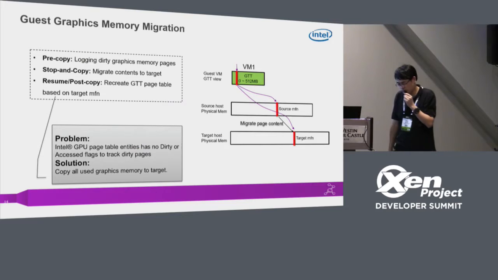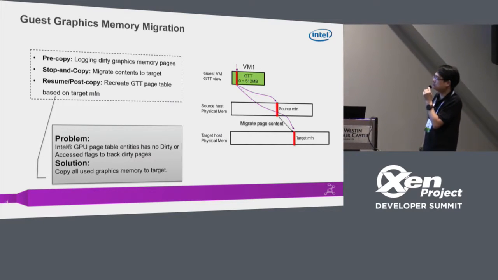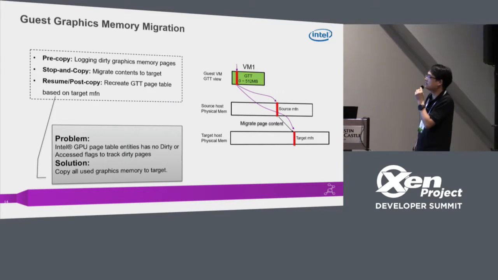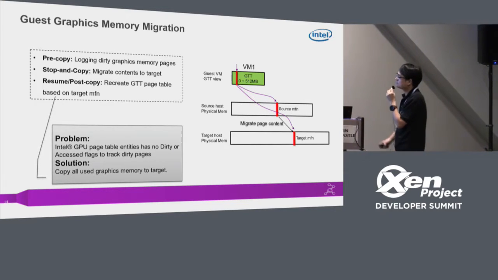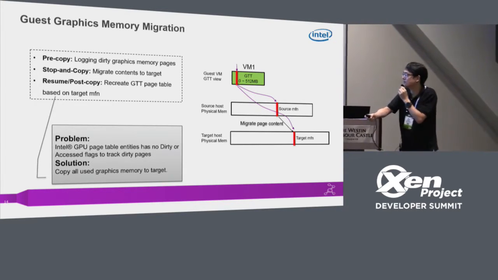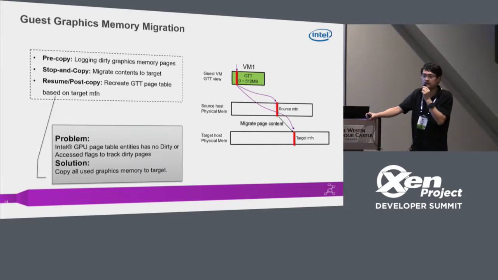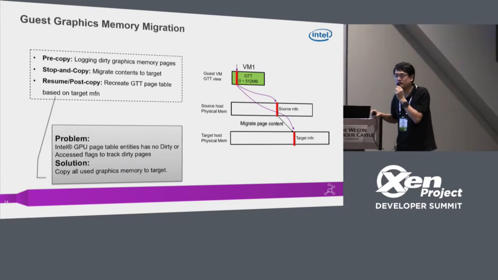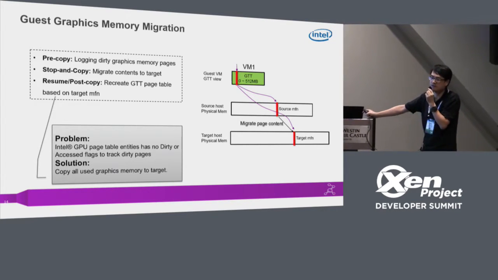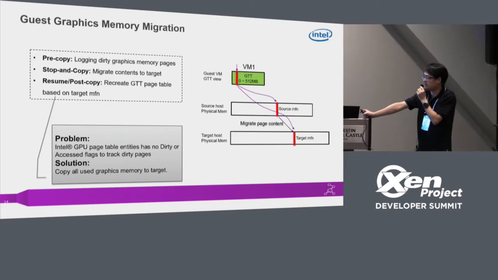Now we come to the pass-through resource, which is the graphic memory migration. Again, graphic memory is very similar to the system memories, so the migration policy is also very similar. In the pre-copy stage, we check the dirty pages and copy them to the target site.